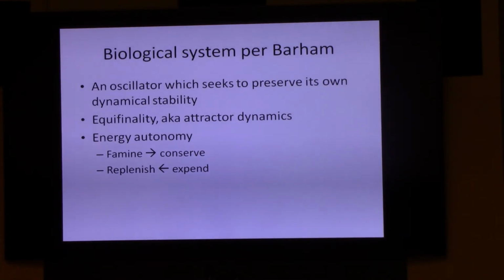If it's at this point at 12 o'clock, where was it at 6 in the morning? Because if it could have started in many different places, you no longer have a one-to-one mapping. You've lost the history. So that's the basic idea. Equifinality simply means that it goes to some attractor. It's a word that's used in the context of attractor dynamics.